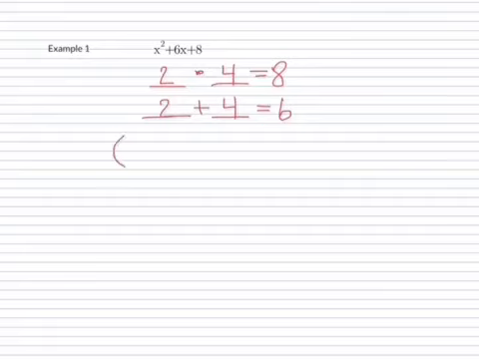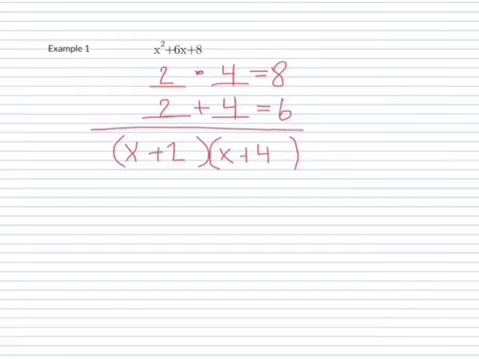What we will do is put them into the factors. So my variable is x, so I'm going to go x plus 2, x plus 4. And it really does not matter which order you put the factors into. That would be your final answer.